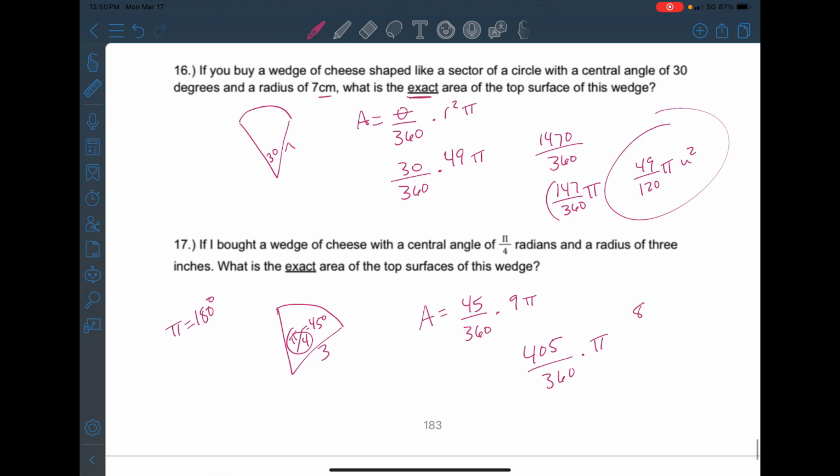We get 81. And 360 divided by 5 is 72. And then we can divide this also by 9. So 9 goes into 81 9 times, goes into 72 8 times. And it is units squared. What were the units? Inches squared.